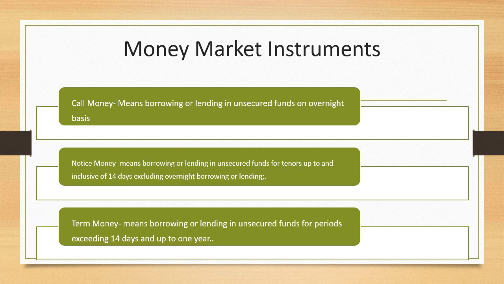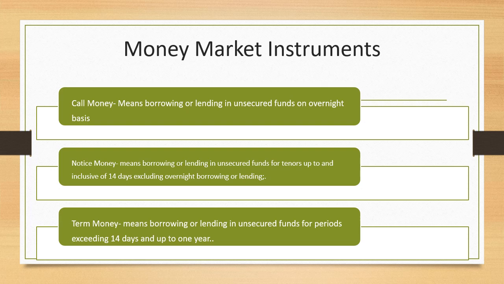That is the notice money market, which is the second segment. So call is for 1 day, or overnight. Notice is from 1 to 14 days, and term money means you are borrowing for more than 14 days, which is 15 days up to 365 days. This is how the market is segmented into three different buckets.